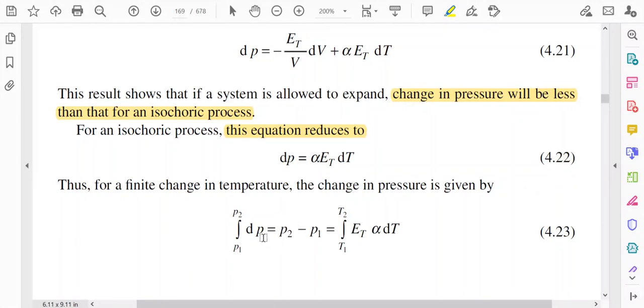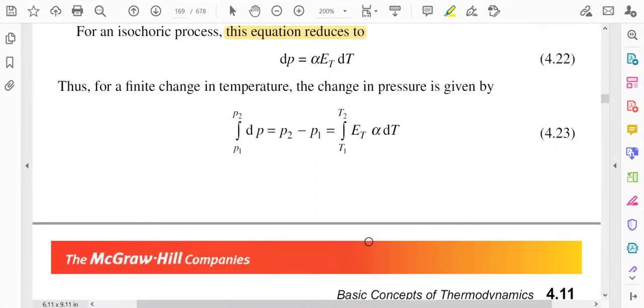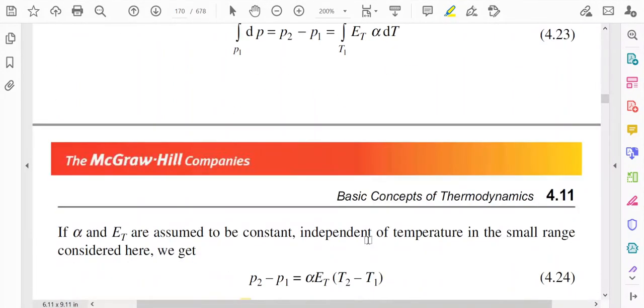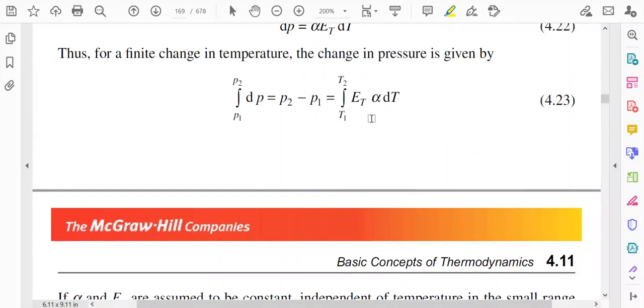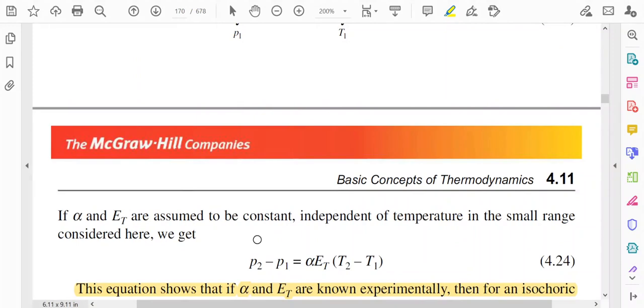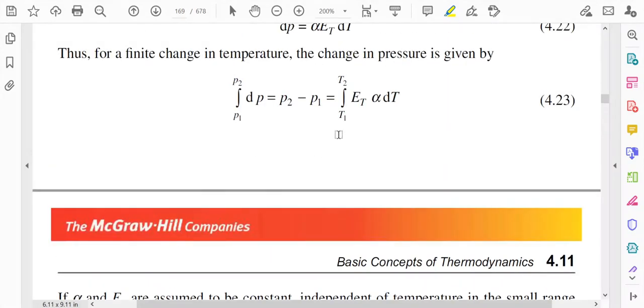If we integrate this equation, after performing the integration, here we have assumed that alpha and ET, these two parameters, are constant and independent of temperature in the small range considered here.